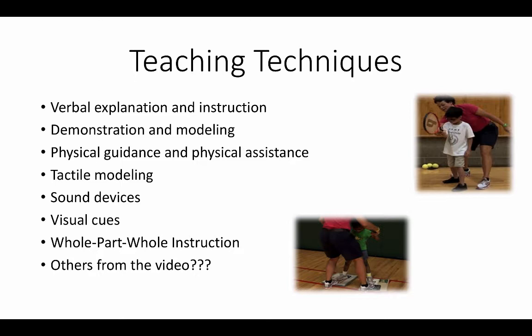Now, demonstration and modeling can occur. One, it needs to be occurring in the distance that the individual can see or within their field of vision. And if they have limited vision acuity and field, then we need to provide physical guidance and physical assistance. So we can do what's called tactile modeling.